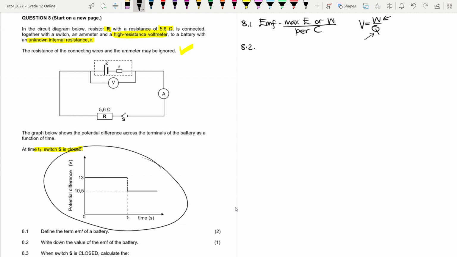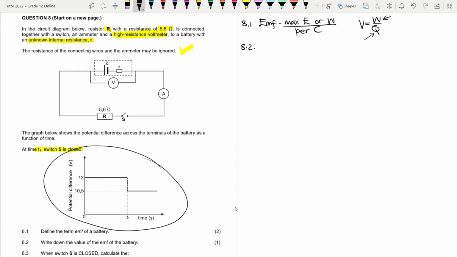Well, from what I can see, the graph is potential difference versus time. Yes. So it's showing the change in potential difference in the circuit as time goes on. Yes.